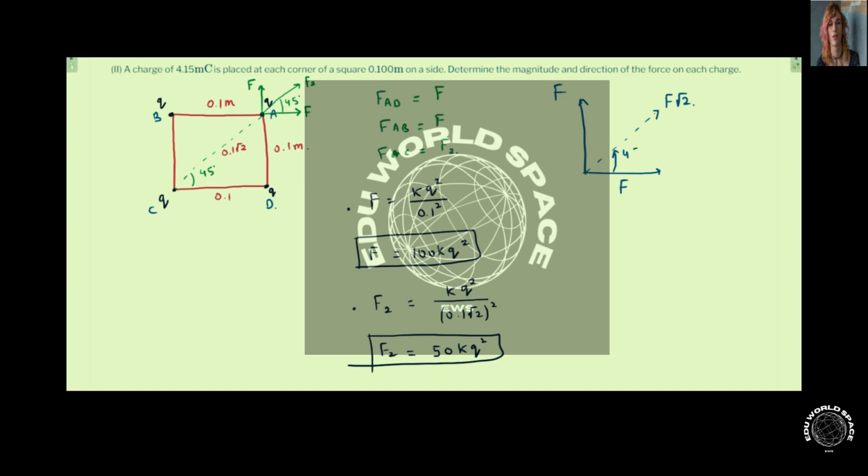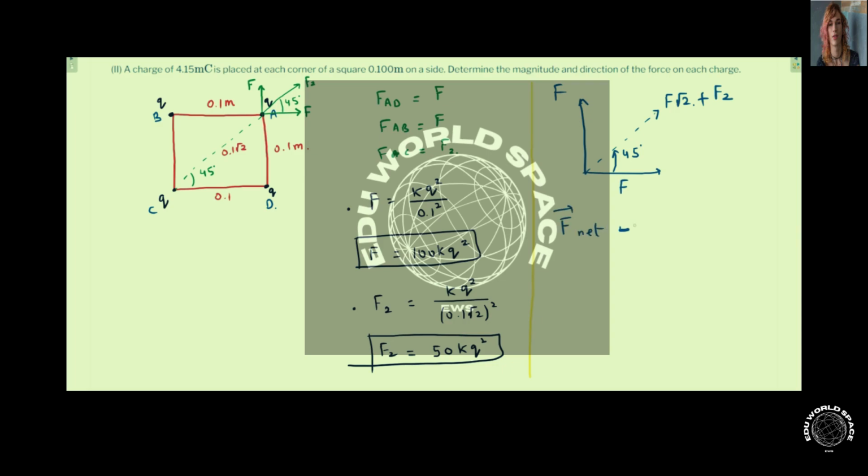So this angle is also 45 degrees, and we already have F2 in the same direction. So this is how the resultant force looks, and we can now place the values of F and F2 to get the resultant force.